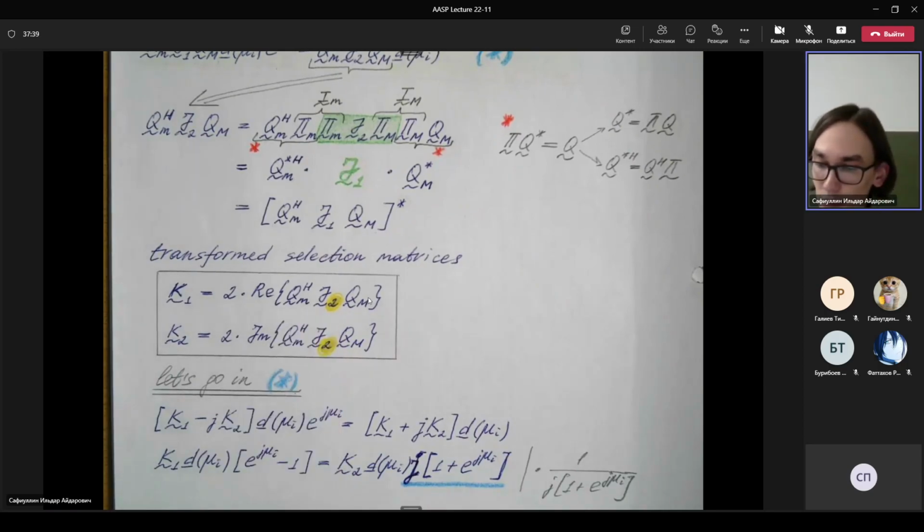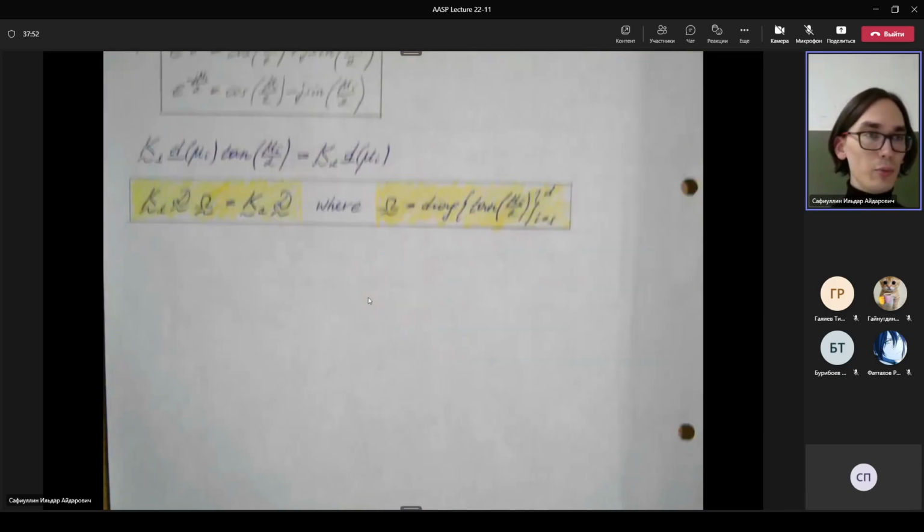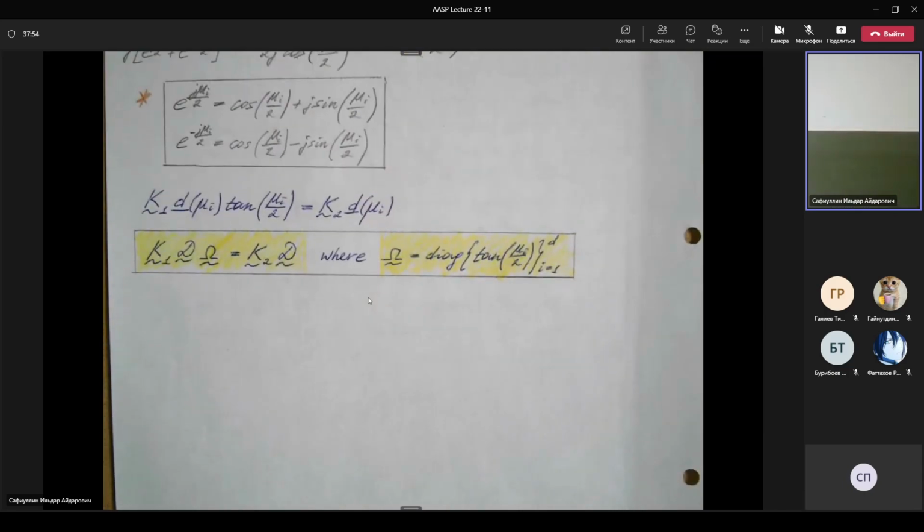For selection matrix 1, we use the real part of this multiplication, and for selection matrix 2, we use the imaginary part. And we end with this equation here.